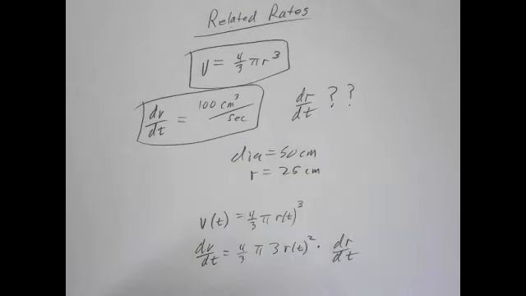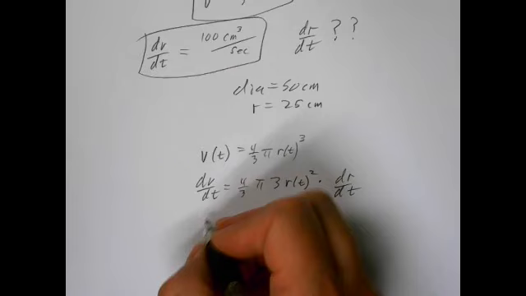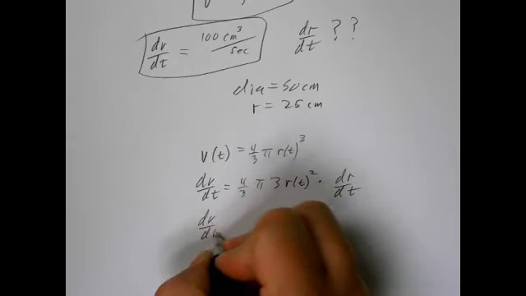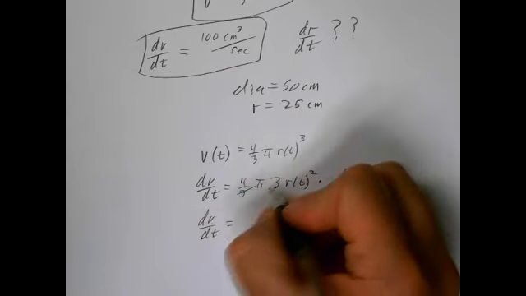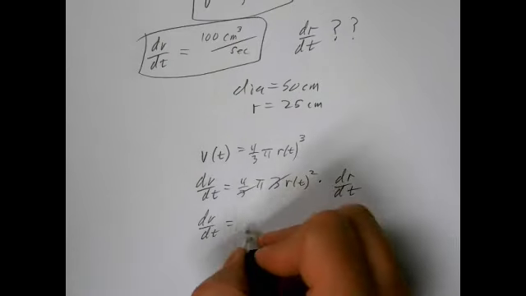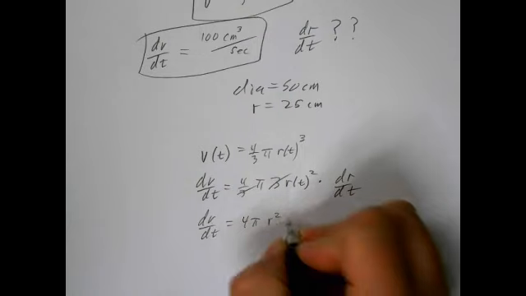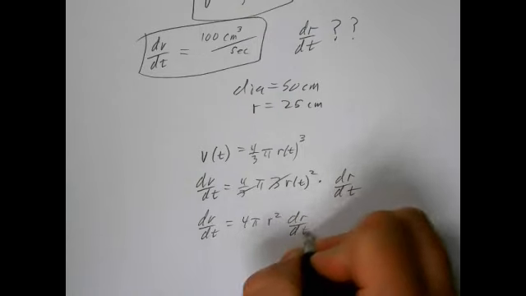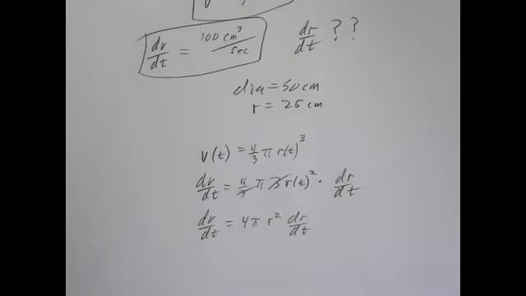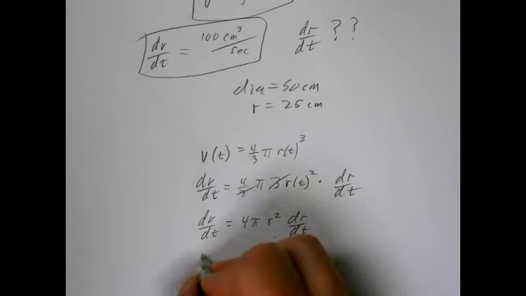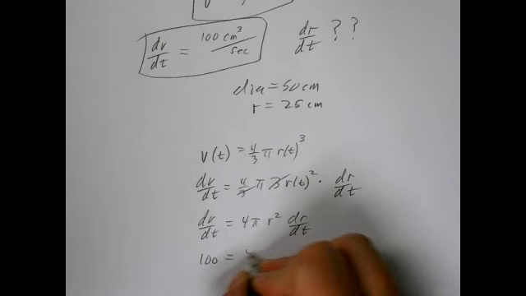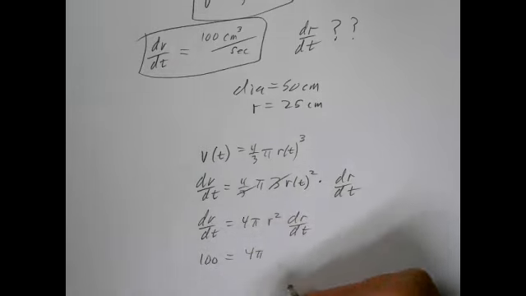Cleaning this up just a little bit, this becomes dV/dt equaling, the 3's cancel there, 4 pi r squared dr/dt. I'm going to just drop the of t notation for the moment. And then dV/dt, which is 100, will equal 4 pi times the r.